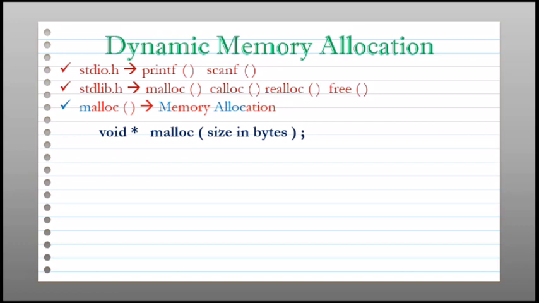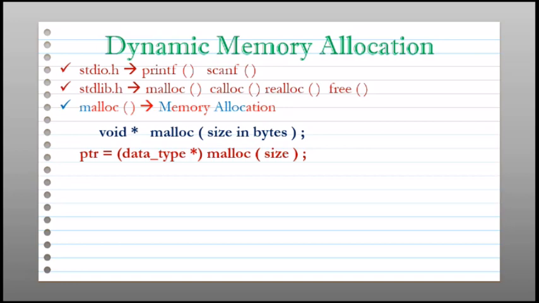Now we will see how we can use this malloc function. This is the syntax of using the malloc function. Here ptr is a pointer variable which is used to save the address of the first byte of the memory block.